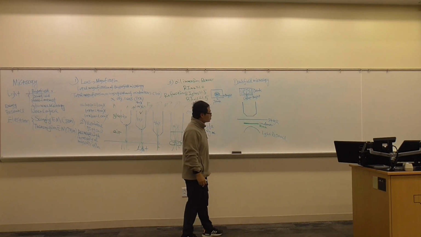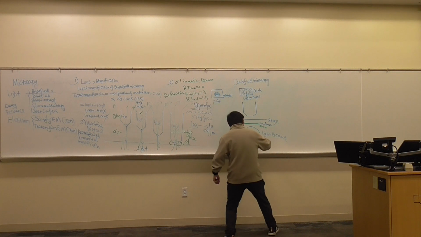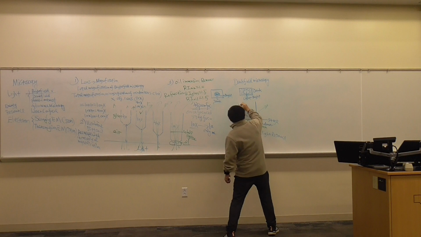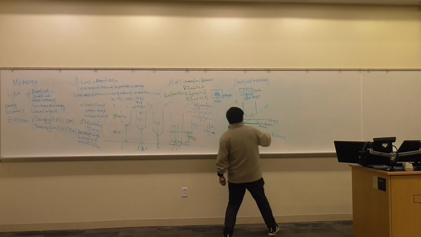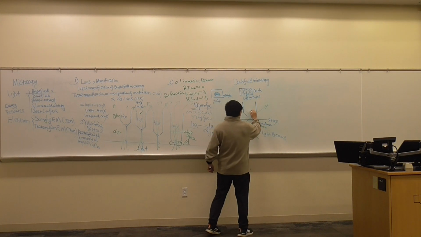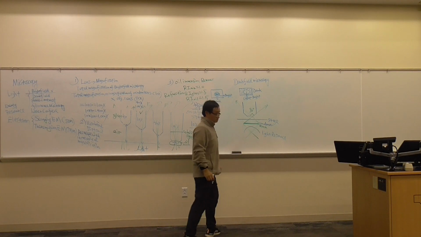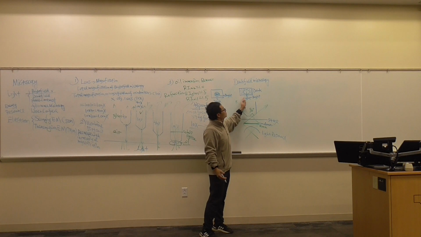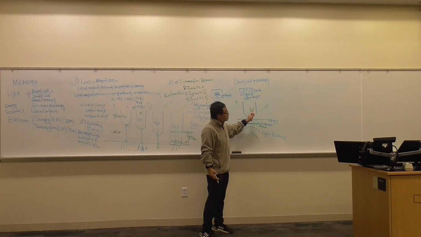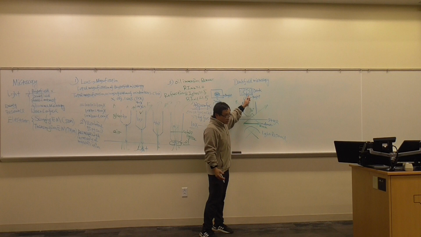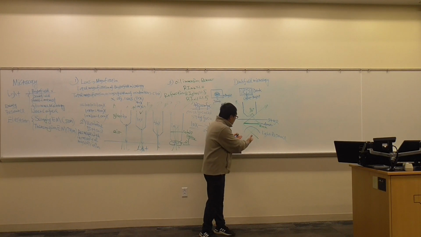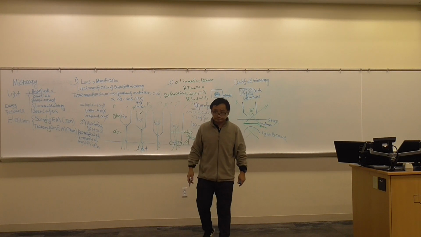Once we put a very solid block, the light going through the lens is perpendicular, 90 degrees. So, when you put your eye in the ocular lens, you will see the background is dark and the specimen is bright.